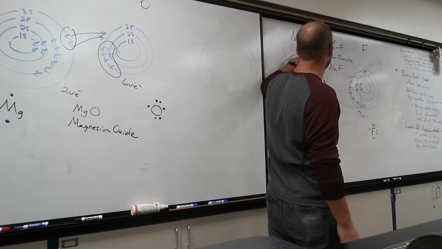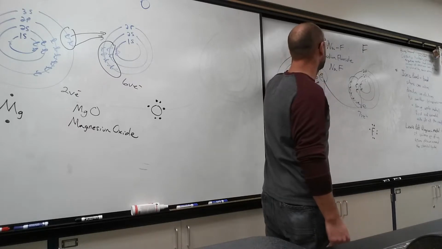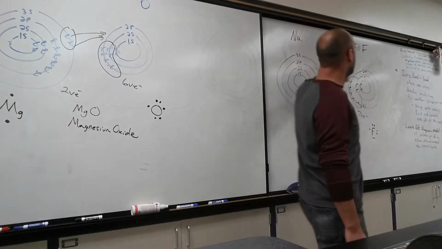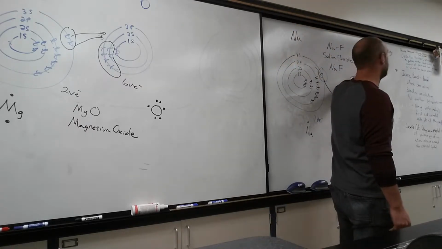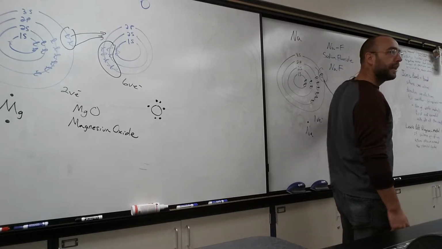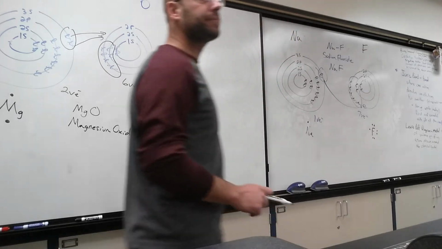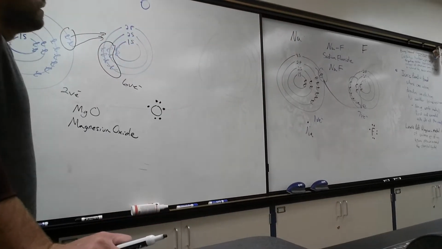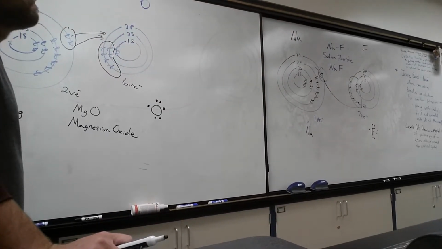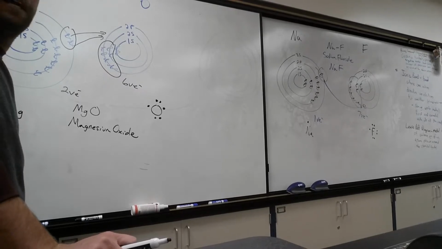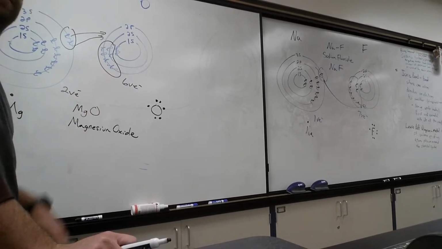All of that number. So 3s, just 1. Out here we have 2p, 2p, and 2s. All of that highest number together. Okay. Got it? Or you can just look at the periodic table, you know how to do it that way, right?